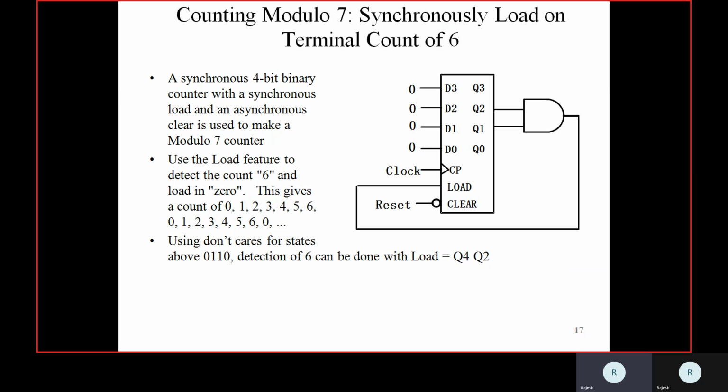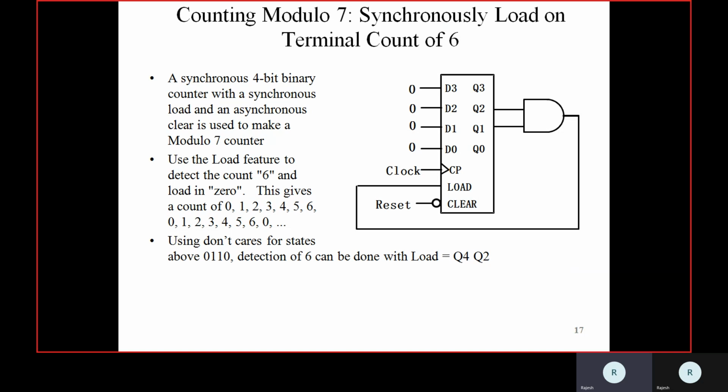That AND gate output is given to a load. So once it is a load pin, Q3 becomes D3, Q2 becomes D2, Q1 becomes D1, Q0 becomes D0. So all are initialized to zeros. Okay, so that's why it is a synchronous load and asynchronous clear pin. So what is asynchronous?